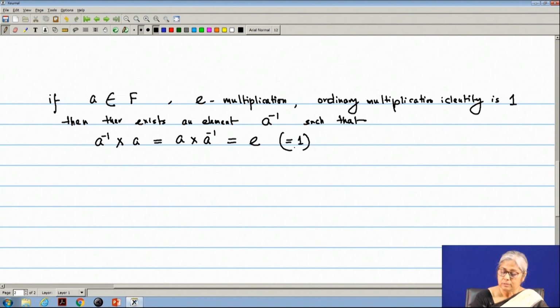So this A inverse must exist for the field, and then we call it a field.